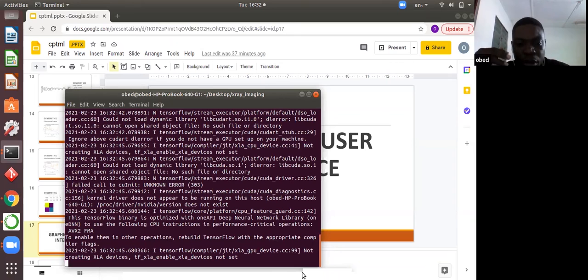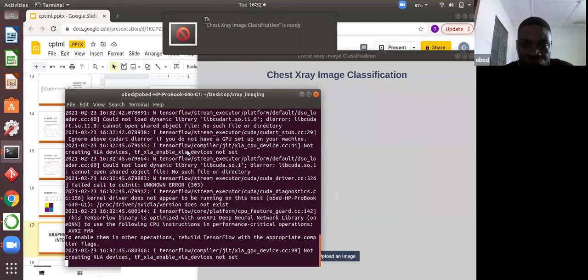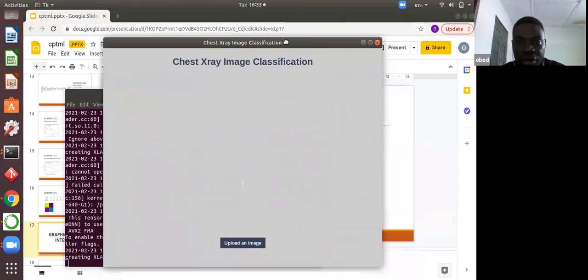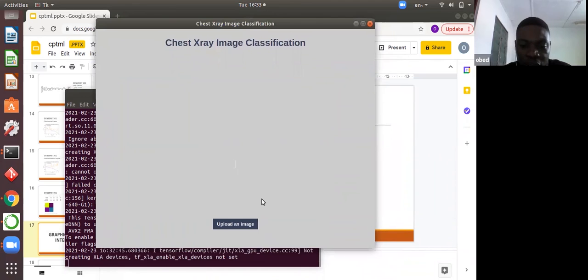What I just built is a simple user interface, and what that does is it allows a user to upload an image, right? So it's ready. So this is a very simple user interface, right? And you have the option of uploading an image.